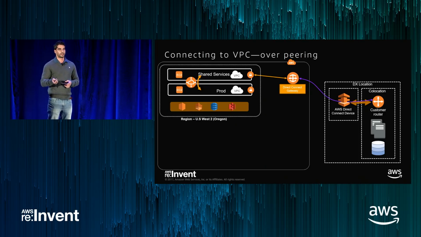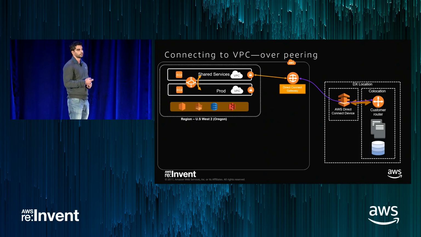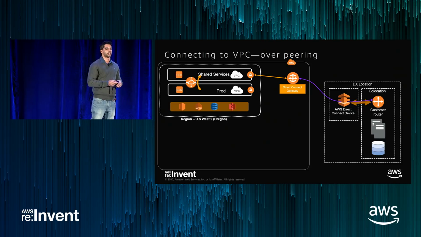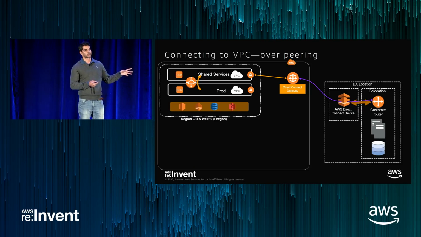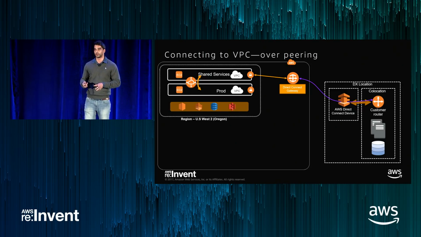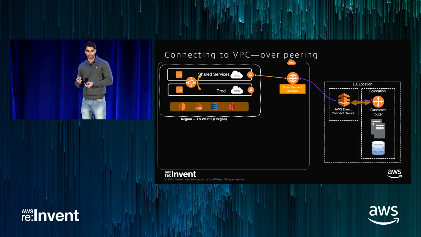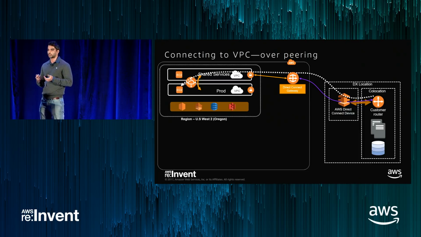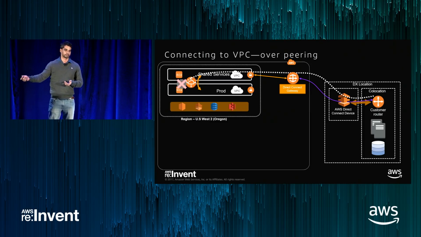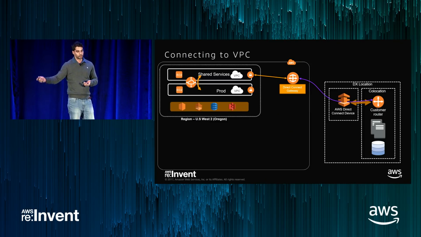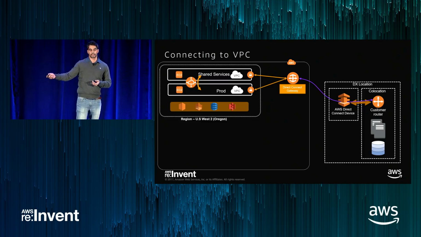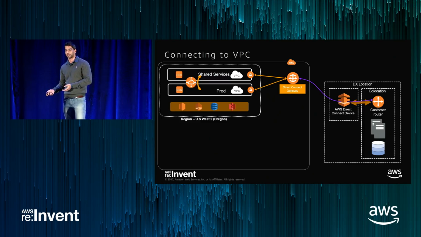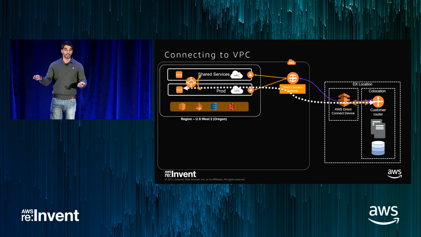So if you set up a private virtual interface into the shared services VPC and you wanted to leverage the Direct Connect Gateway as well as the VPC peering to access resources in the prod VPC, this is transitive routing, and VPC peering does not support it. So this model does not work. You will have to associate the virtual private gateway of the prod VPC directly to the Direct Connect Gateway and access it natively that way.